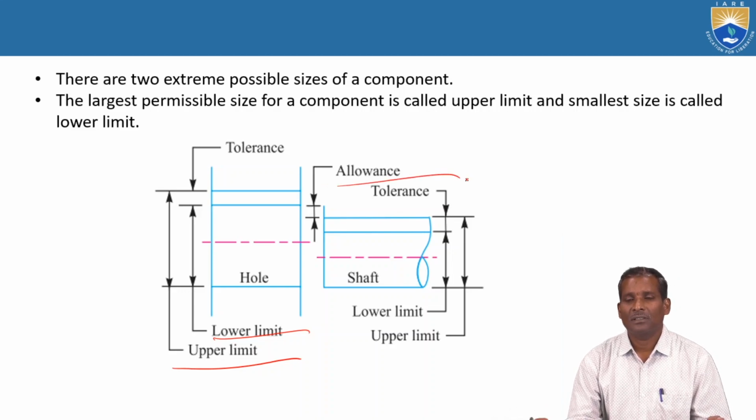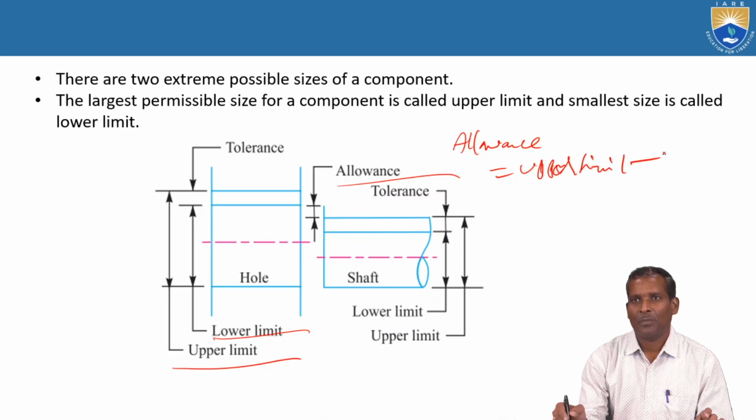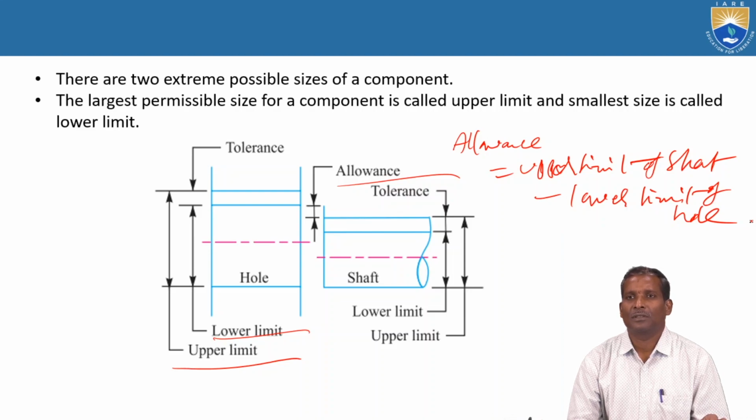But allowance is related to the shaft dimension and the hole dimension: how to give some allowance to the shaft. Allowance is equal to the upper limit of the shaft minus the lower limit of the hole. It gives the allowance.